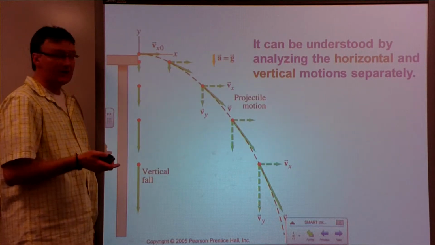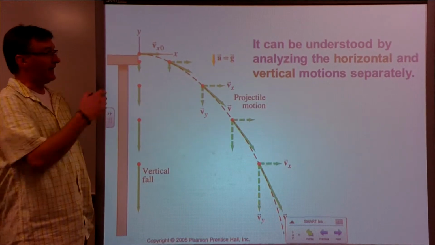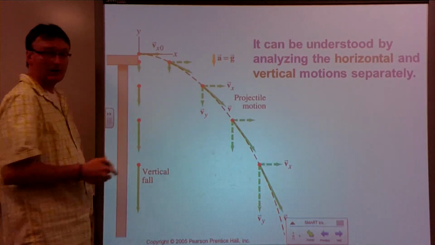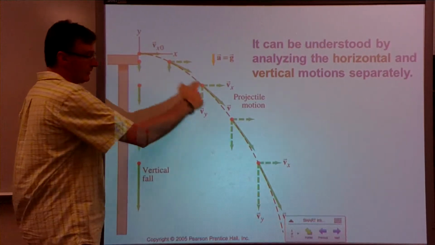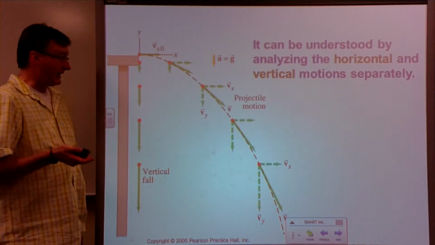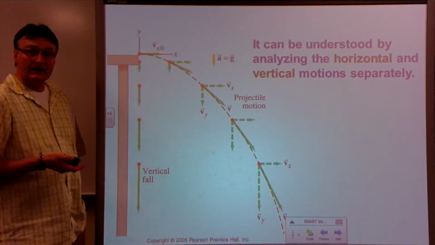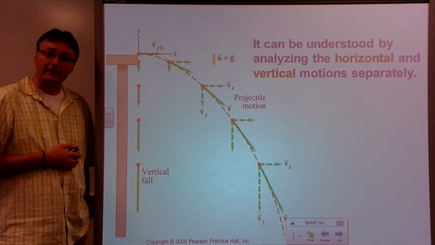There is no acceleration with a projectile in the x direction. If it has an initial velocity when it's launched, that velocity will remain the same throughout its trajectory. Not so in the y direction, of course, because the object is being accelerated in the y direction by gravity.